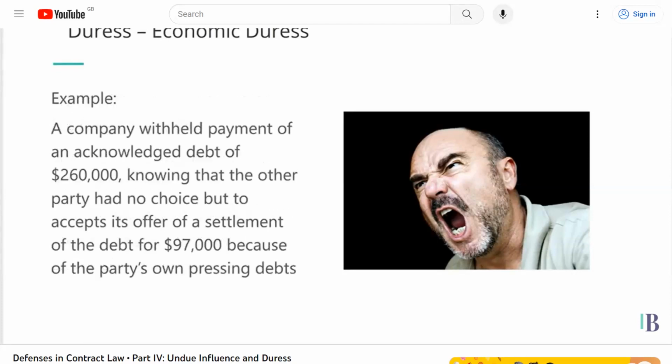For example, a court found economic duress when a company withheld payment of an acknowledged debt of $260,000, knowing that the other party had no choice but to accept its offer of a settlement of the debt for $97,000 because of the party's own pressing debts.